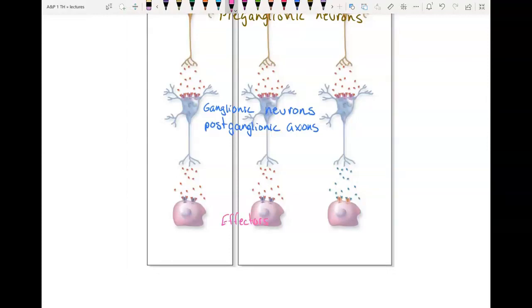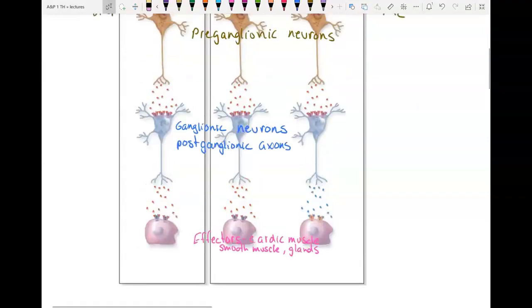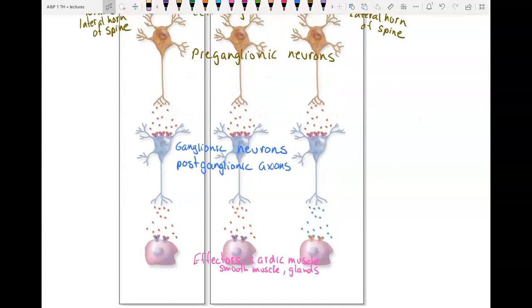And remember, there's 3 effectors for autonomic: cardiac muscle, smooth muscle, glands. And then up here where the preganglionic and the ganglionic synapse, remember this is going to be your ganglion.